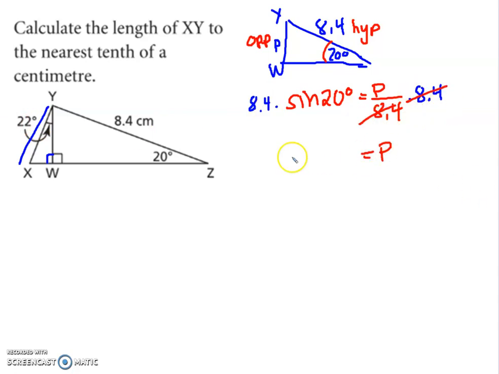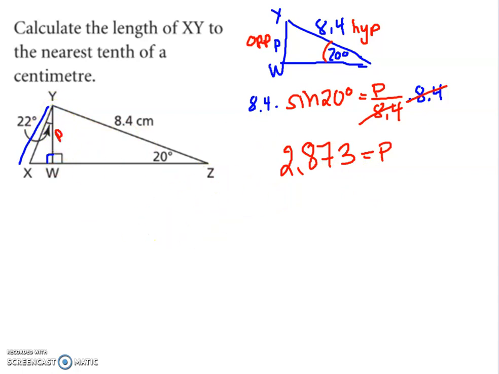So P is just 8.4 times the sine of 20 degrees, and that gives me 2.87. I'm going to round that to 3, but usually we're going to keep ourselves with 3 or 4 decimal places just so that our final answer is correct. So we have this distance here for P.